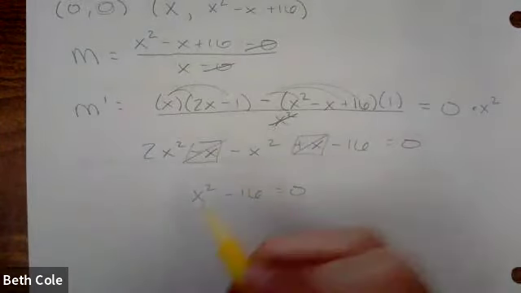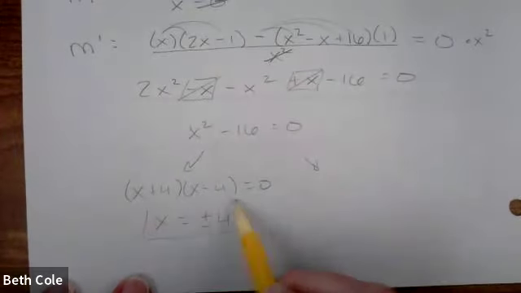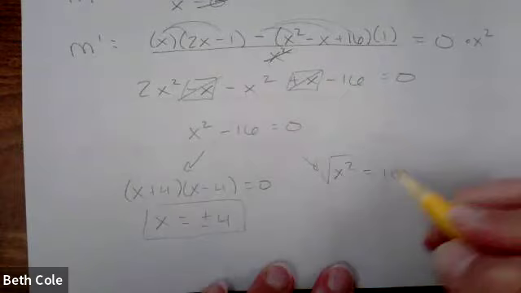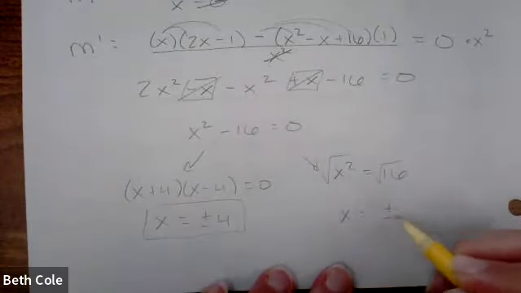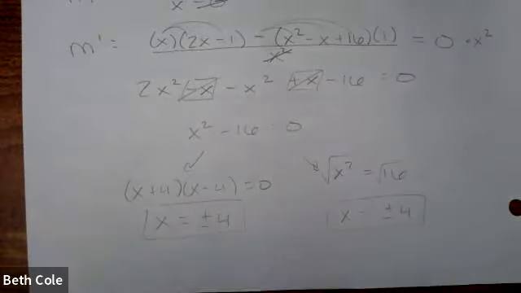Yeah, one way is difference of squares, which would give you x plus 4, x minus 4. And so you get plus and minus 4. Or you can add over the 16, but you have to remember that when you take the square root, you put plus and minus. Either way, you will get the same answers.